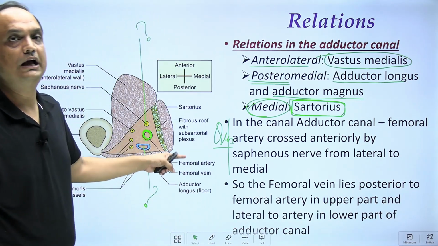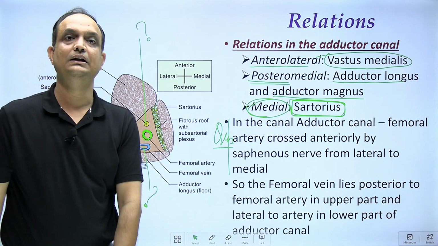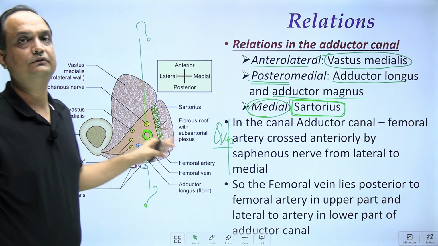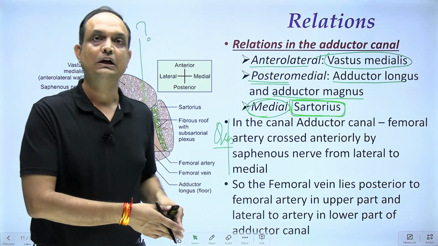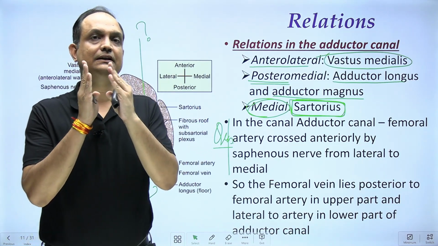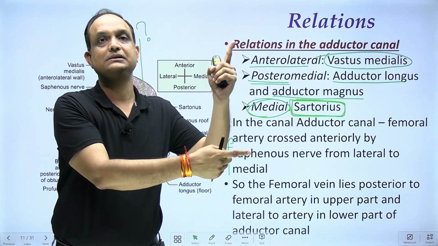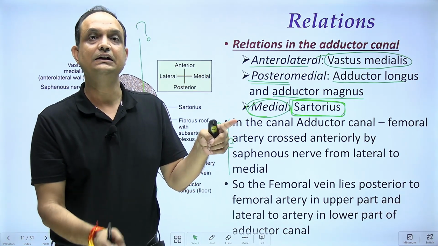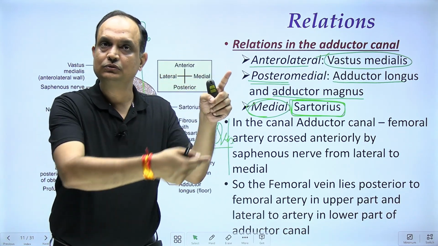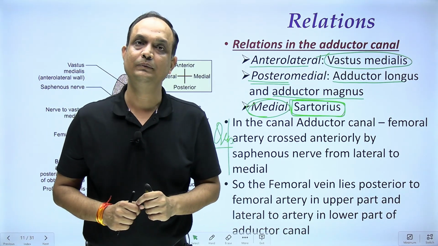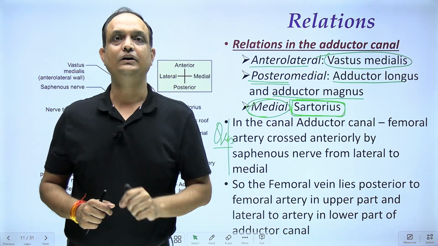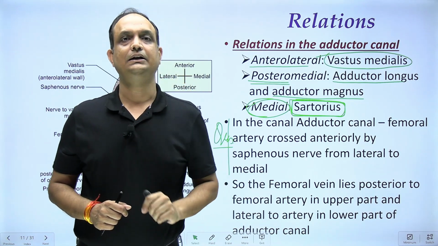So this nerve has to go from the lateral to the medial side, because the saphenous nerve is a branch of the femoral nerve, and in the upper part we have seen that there are three structures: vein, artery, nerve. So the nerve arises from the lateral side and it has to supply the medial side of the leg. So it has to cross from lateral to medial side, but at what point does it cross? Answer: inside the adductor canal.